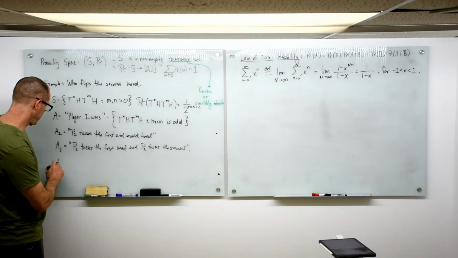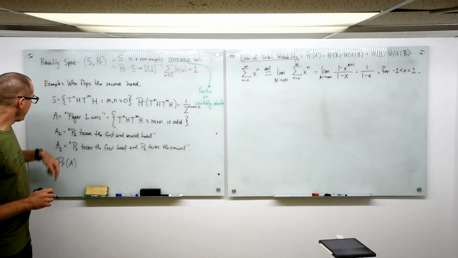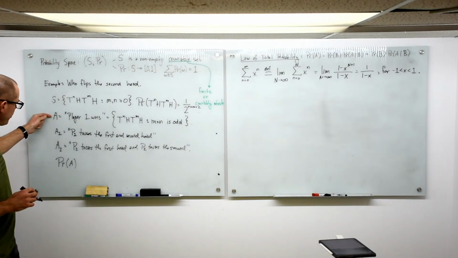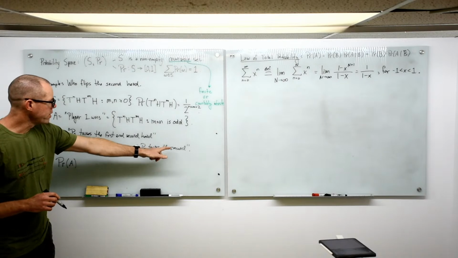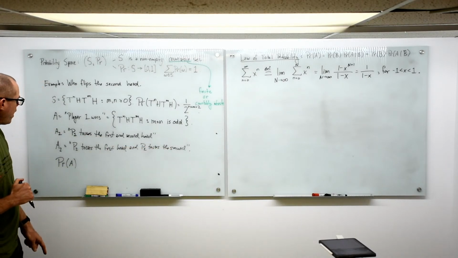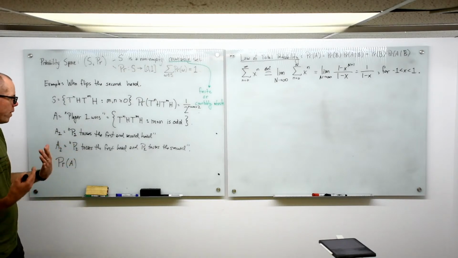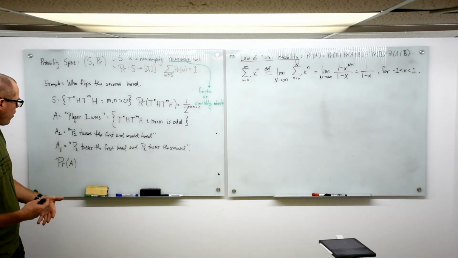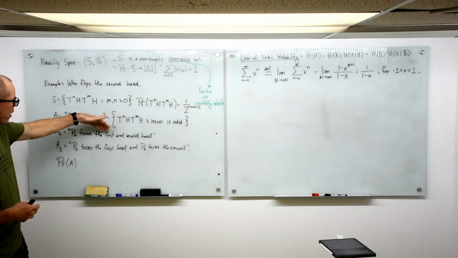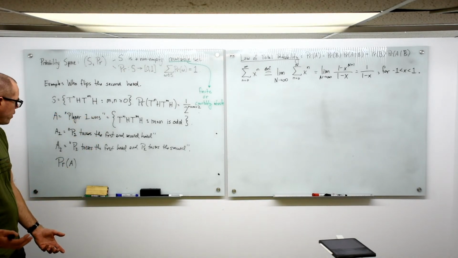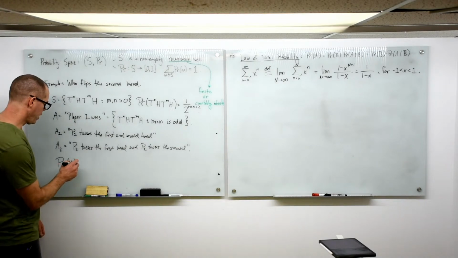Then of course A is just the union of A1 and A2, right? So if player 1 wins, he tosses the second head, and then you just split that up into 2 disjoint subsets, where one of the sets counts the outcomes where player 1 tossed the first head, and the other one counts the outcomes where player 2 tossed the first head.